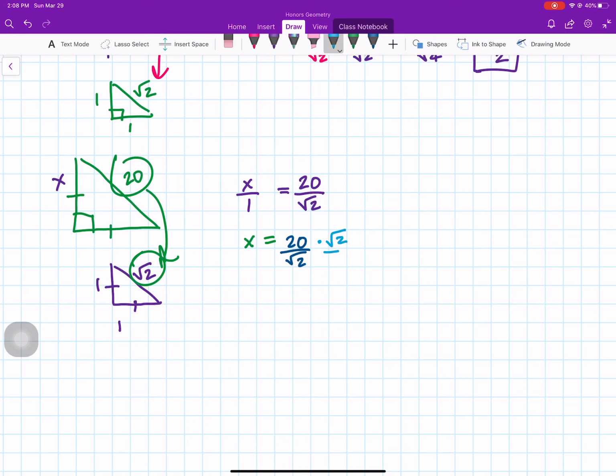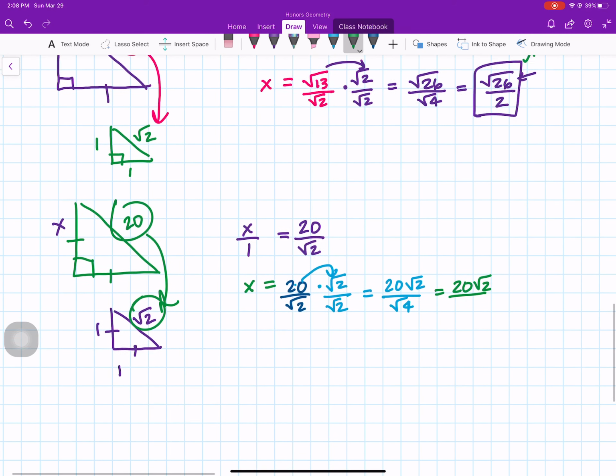So you multiply this by root 2, top and bottom, by root 2 over root 2. So you have 20 root 2 over root 4. Keeping in mind that you can't actually multiply the 20 inside the root 2. You have to just tack it on the front.